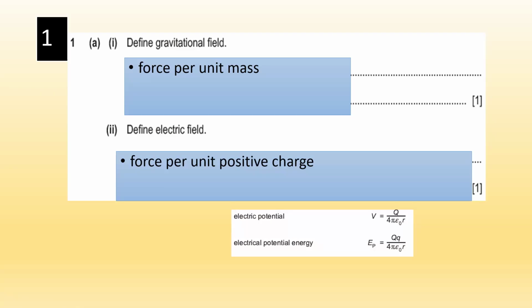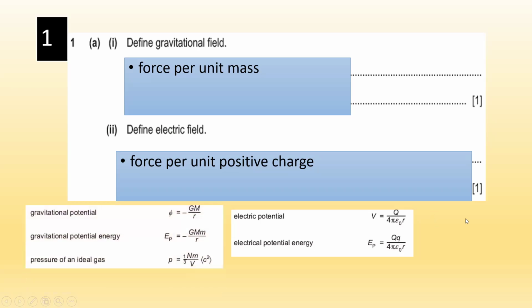But now they've stated in the syllabus, gravitational field is force per unit mass, and electric field is force per unit positive charge. Be aware that formulas are given for electric potential and electric potential energy, and gravitational potential and gravitational potential energy are also given.